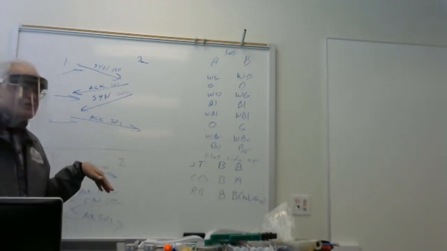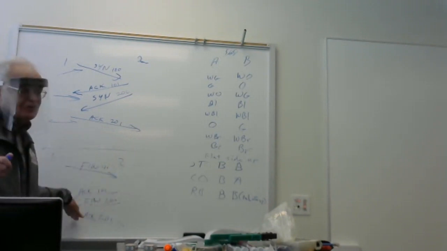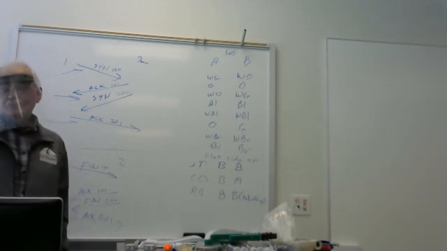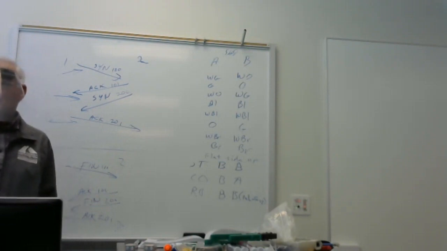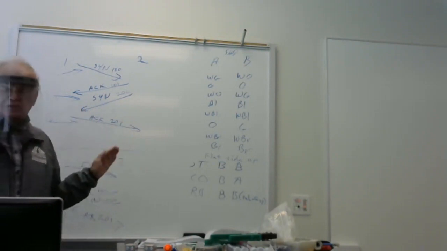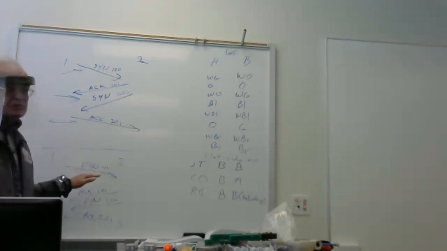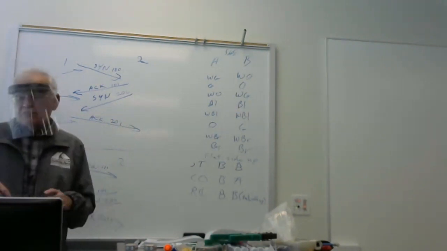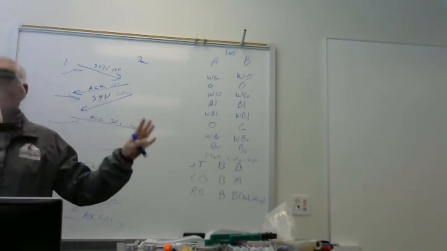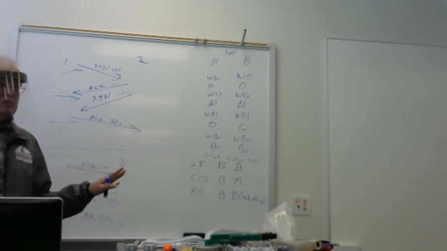And then when you decide you're ready to finish it, you'll say bye and we'll try the whole process again. Does everybody follow on that? So either side can start this termination. Now, any questions on how you start and end?